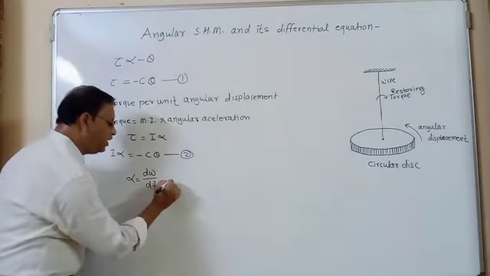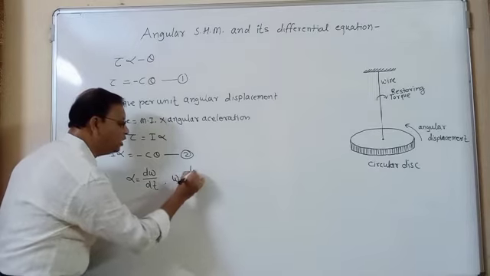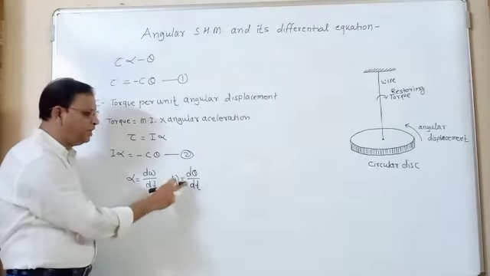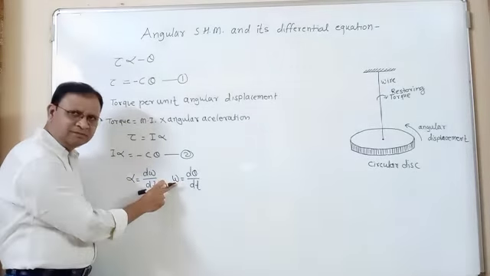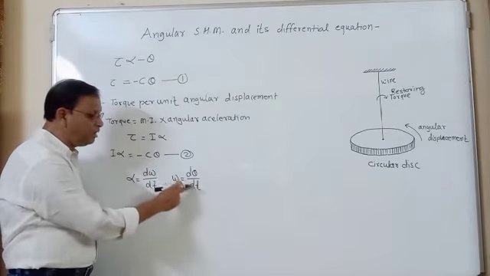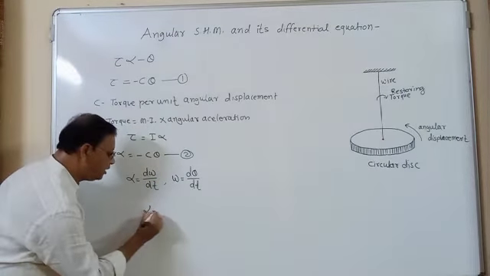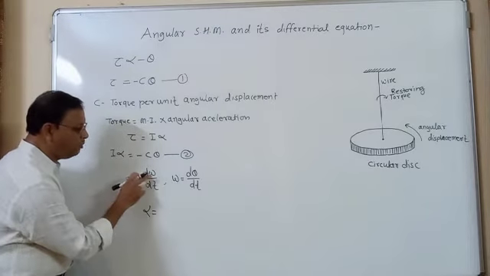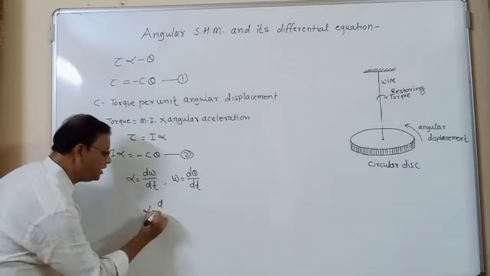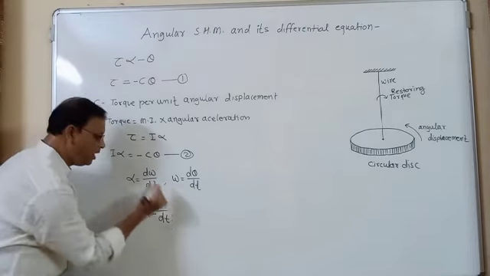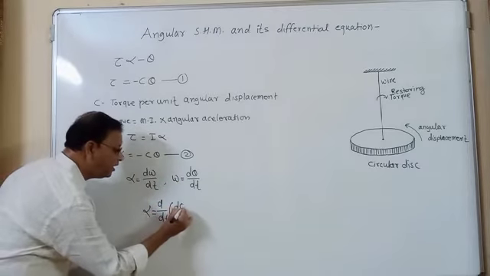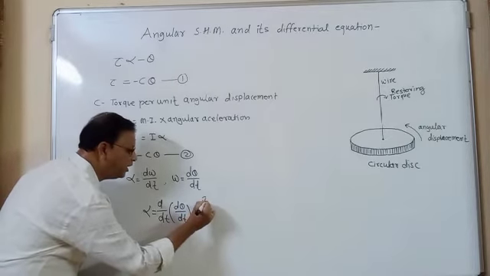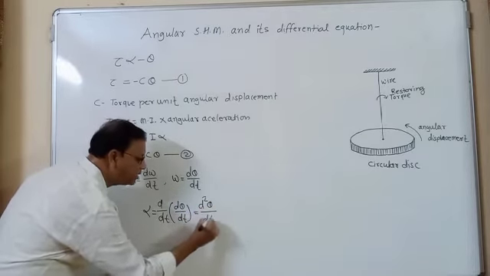And you know angular velocity omega is equal to d theta by dt. The rate of change of angular displacement with time is angular velocity. So omega is equal to d theta by dt. So we can write alpha is equal to d omega by dt, but omega is equal to d theta by dt, so it is d by dt of d theta by dt, and therefore alpha is equal to d2 theta by dt square.